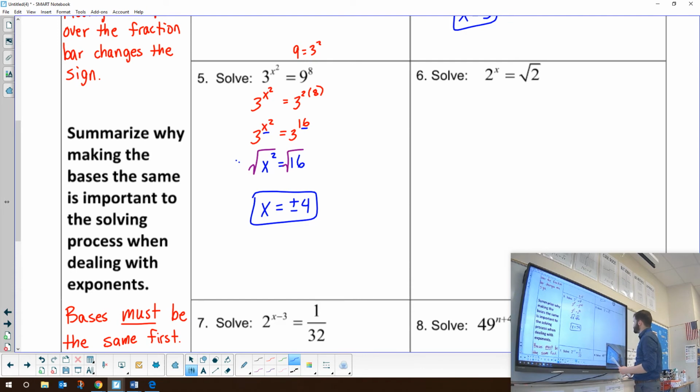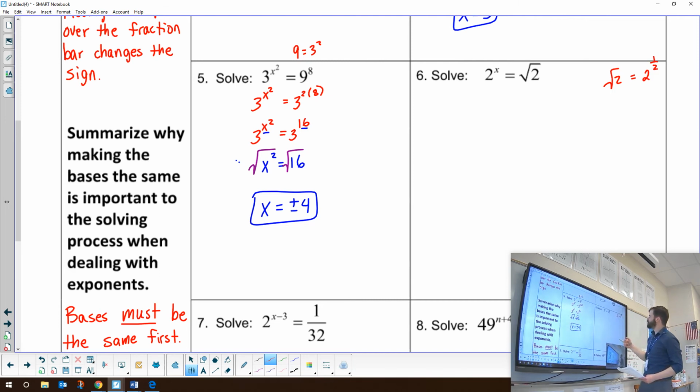All right, number 6. This one's really important, okay? This one, we have to remember something important. We have to remember that a square root of 2 equals 2 to the 1/2.